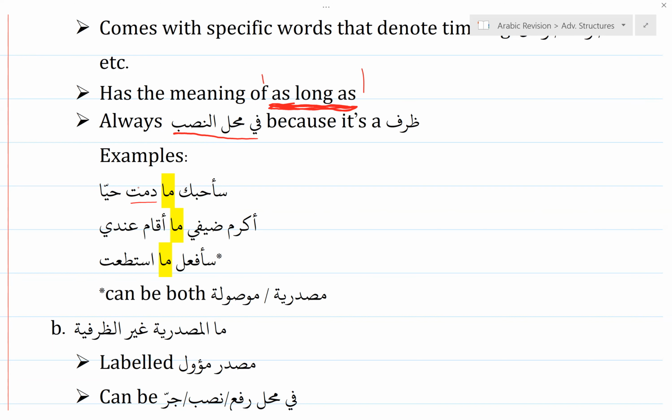Basically, as long as I last in terms of life. Yeah, that's literally what the sentence means. So you translate this as long as. You won't translate this as I will love you what lasts my life. You don't translate like that. That's just weird. You translate it as I will love you as long as I live.